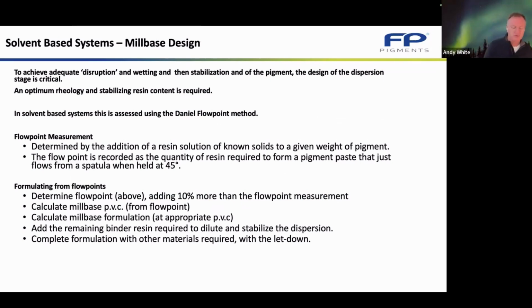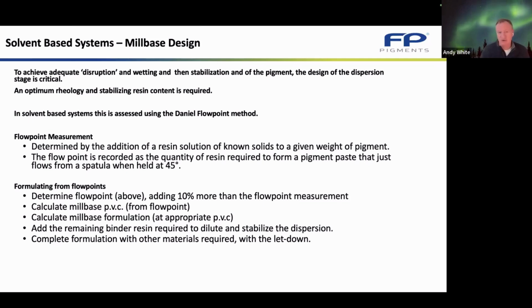Mill-base design for a solvent-based system. Essentially, if you're using a high-speed dissolver, you can't really avoid doing this. If you're using any sort of old-fashioned mill, you probably could. But essentially, there's a method out there called the Daniel flow point method, which allows you to evaluate, for a given titanium dioxide or a given pigment, the amount of resin you need to properly wet and stabilize the pigment.